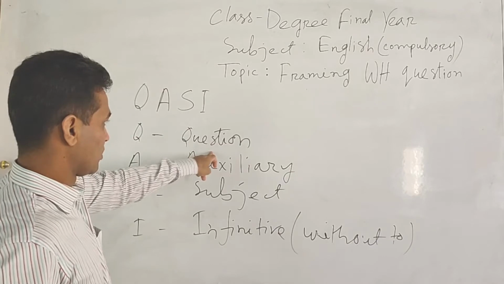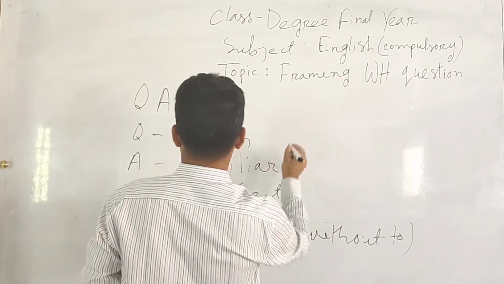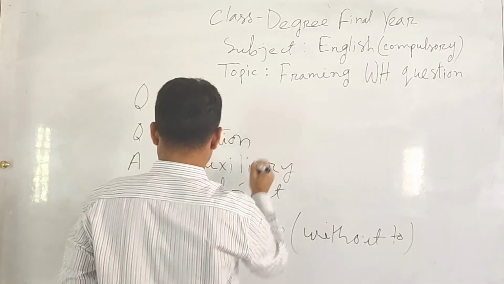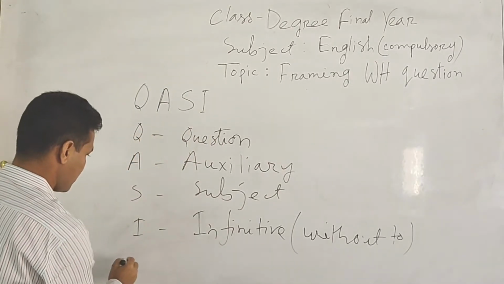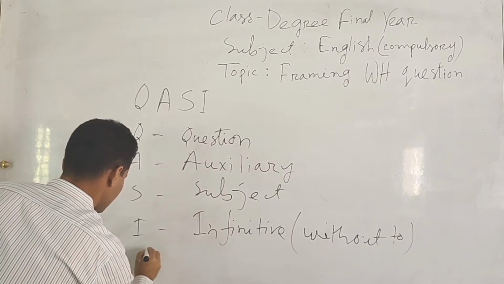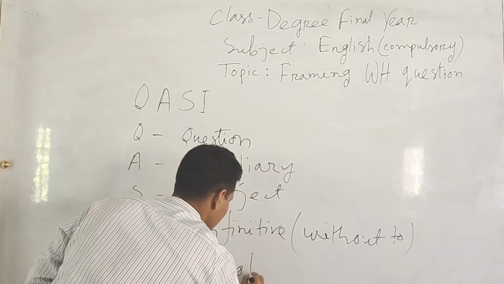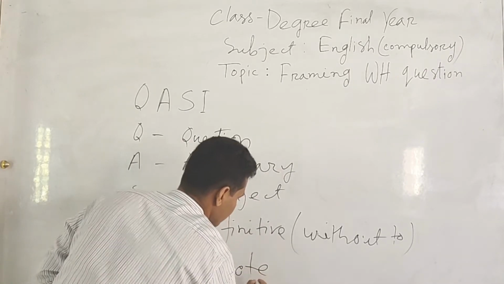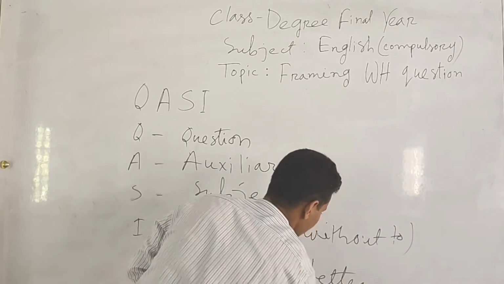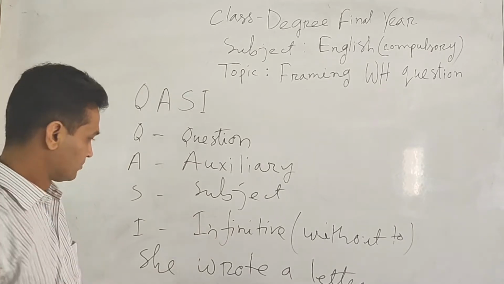Q means question. You have to at first add a question word or WH word first. Suppose, let me give an example here. She wrote a letter.